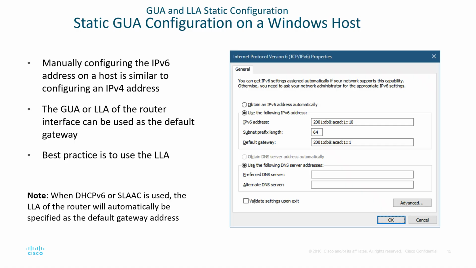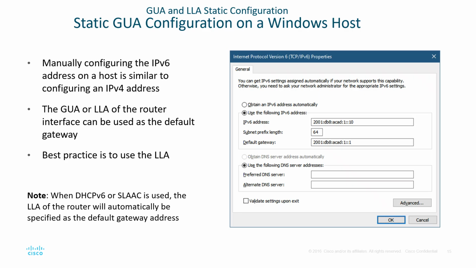Manual configuration is the same. So when you manually configure the IPv6 address on a host, it is similar to configuring the IPv4 address on the host as well. Only difference, when you right-click on your Ethernet, you look for IPv4, you say properties, you're going to scroll a little bit further down and pick IPv6, hit properties, and here you're going to put in the IPv6 address, the subnet prefix length, and then a default gateway that you define or that will be manually assigned.